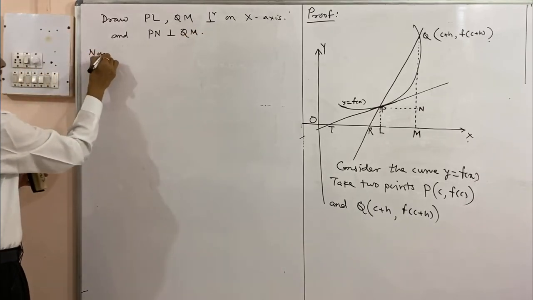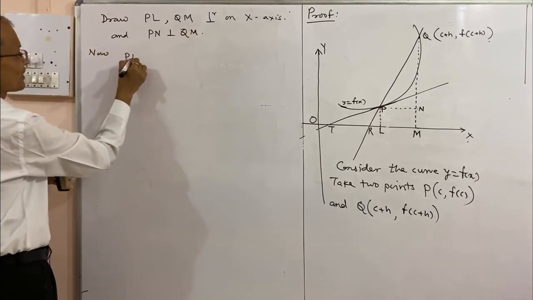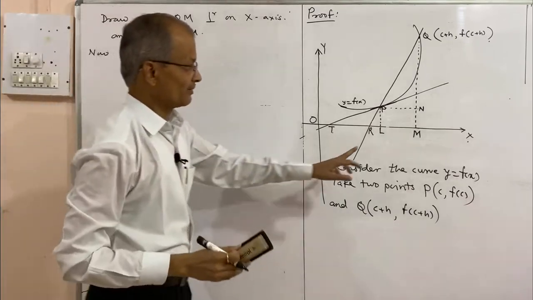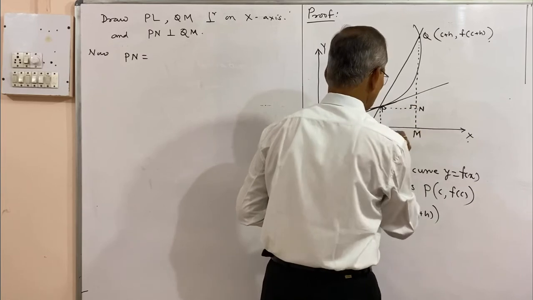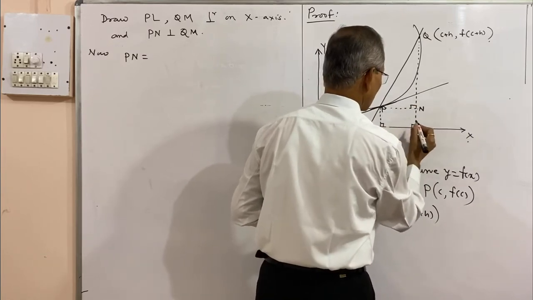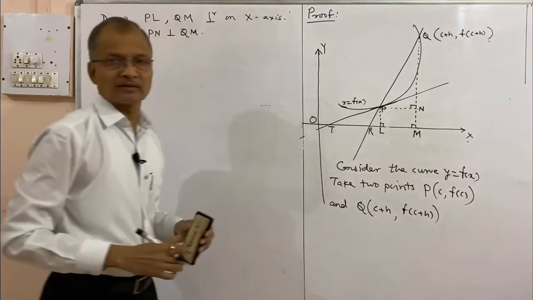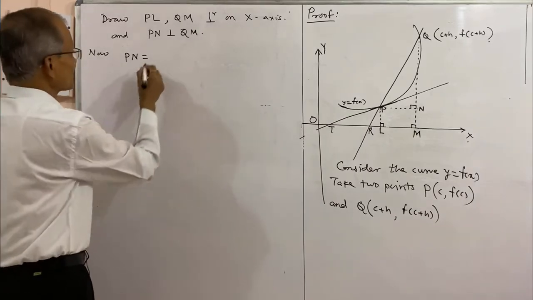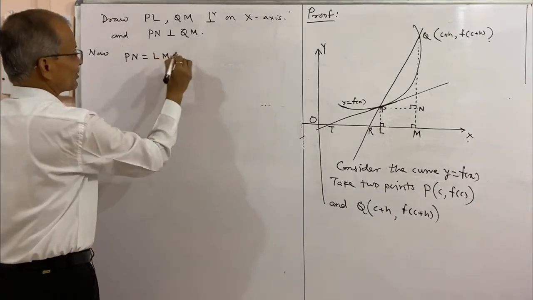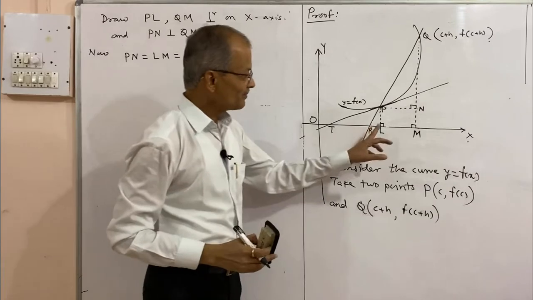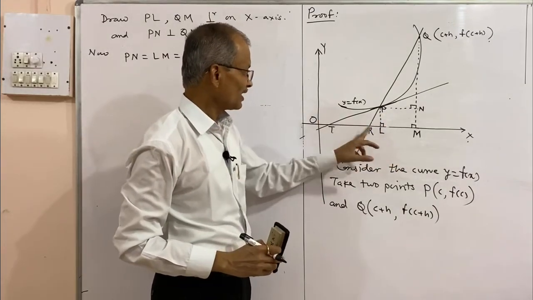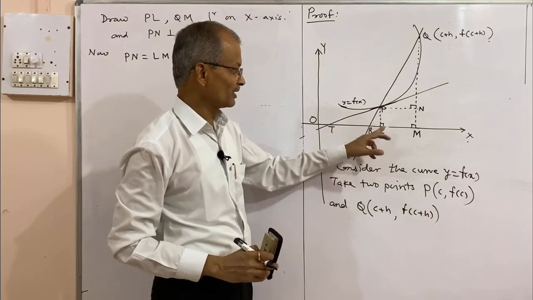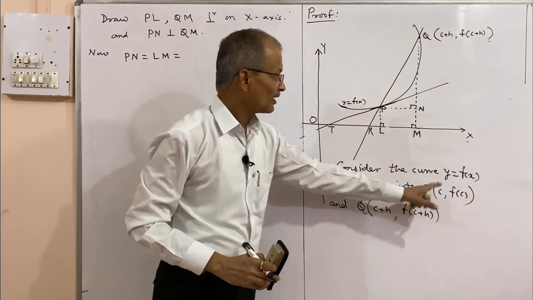Now, what is PN? PN is same as LM. This is a right angle. These are also right angles, and therefore these sides are the same. PN is equal to LM. But what is LM? LM is on the x-axis. And what is OL? OL will be the x coordinate of P, that is C. And what is OM?